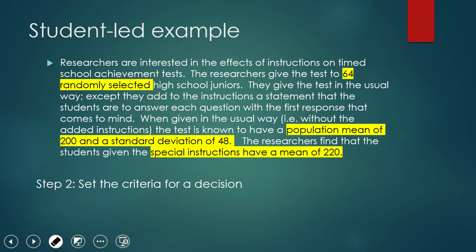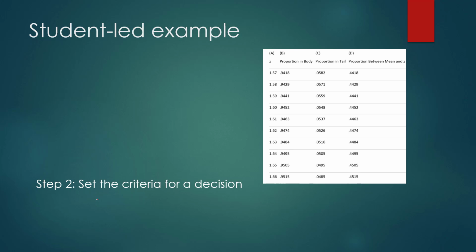Next, we need to set the criteria for our decision. And just to be consistent with what we've done in the past, we're going to go with an alpha of 0.05. So let's look at our unit normal table and see if we can find that 0.05. So here we have 0.05, proportion in the tail. Now, is that the right value? 1.64?